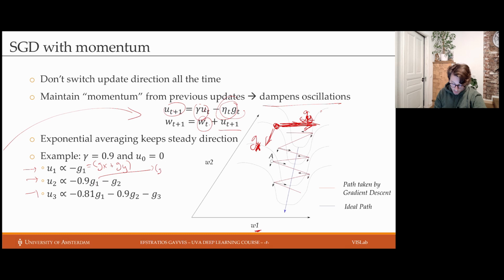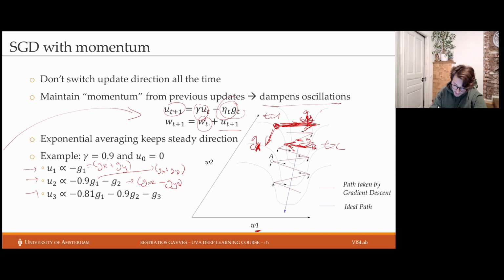And now g1 is again gx1 plus gy1, whereas g2 is gx2 minus gy approximately, right? So at time step 1 and at time step 2, the gy gradients are actually opposite to each other.